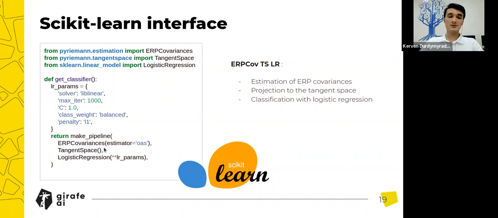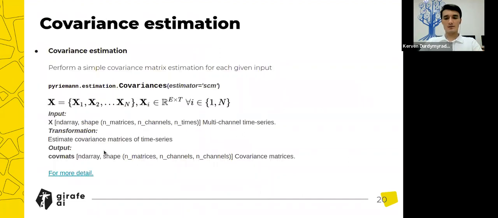The first step is estimating the covariance of our initial signal. We have some methods for estimating the covariance. The first one is the normal covariance estimation.